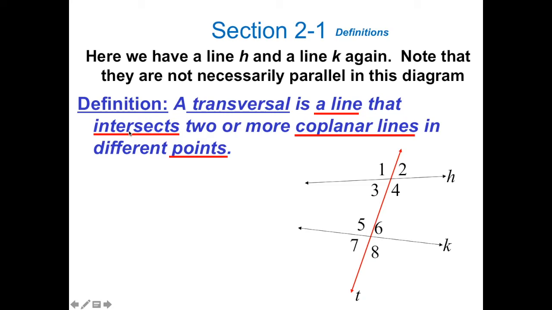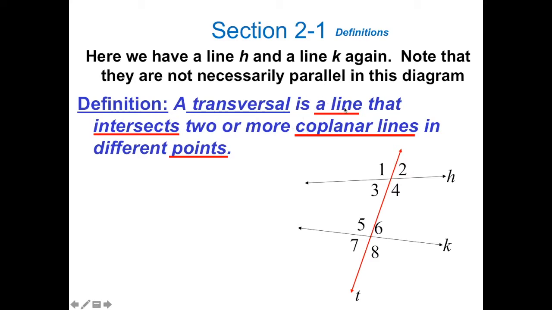Intersects, we talked about that being shared points between planes, lines, and points. That came up in the first section of the book. And then coplanar lines, that's a description defined for us when we talked about two lines that could exist in the same plane. And finally, points, another undefined term. Sometimes it's easier to remember a definition or write it down by thinking about what undefined terms are stacked together to get us to a definition.